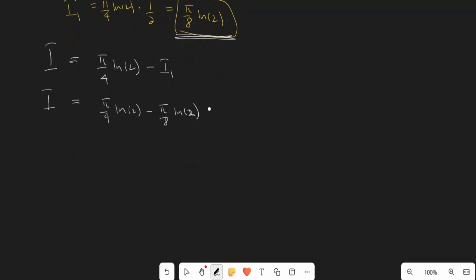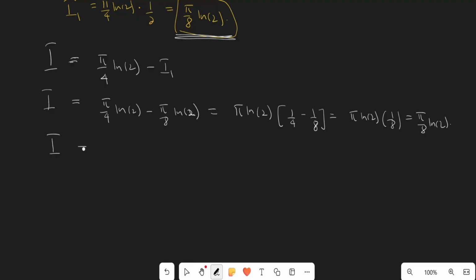And that simplifies to, we can factorize pi ln of 2 out. What we are left with here is 1 over 4 minus 1 over 8, and that is equal to 1 over 8. So that is pi ln of 2 times 1 over 8, which is pi over 8 ln of 2.